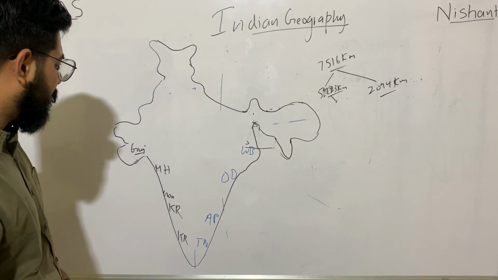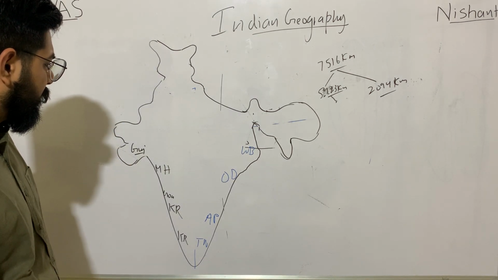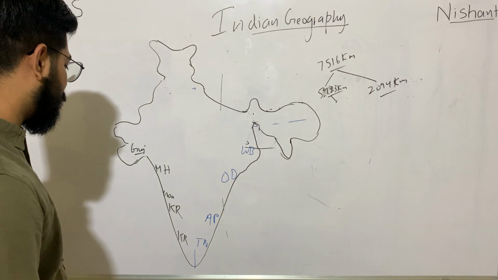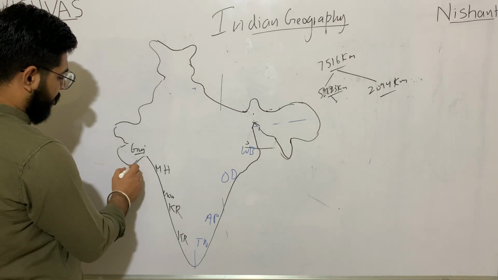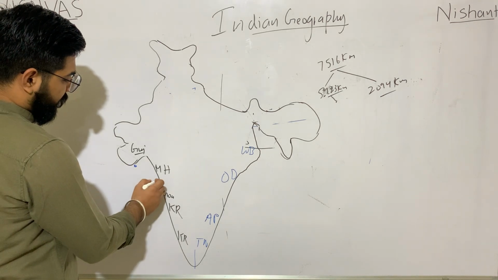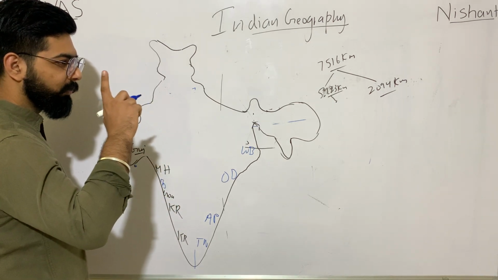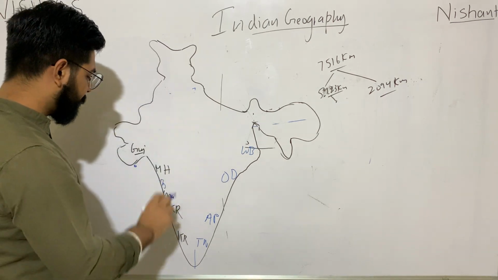So these are the 9 states of mainland India, and there are also some union territories. Here is Diu, Daman and Diu and Dadra and Nagar Haveli. Now it has been made only one single union territory.